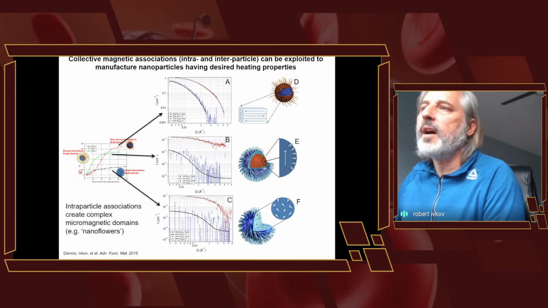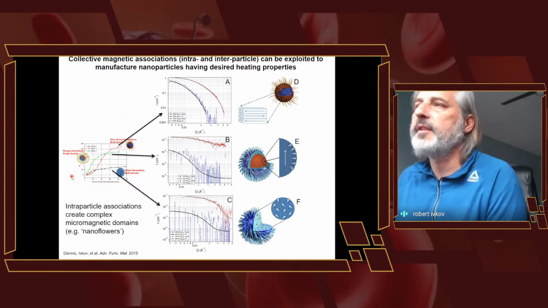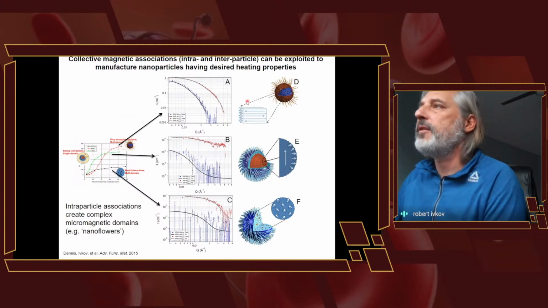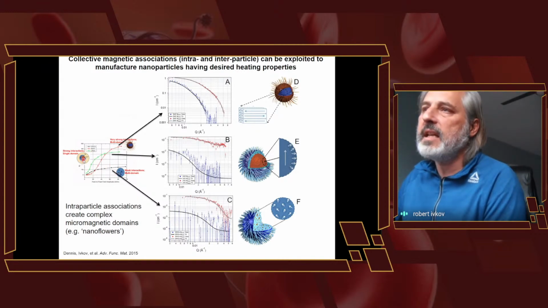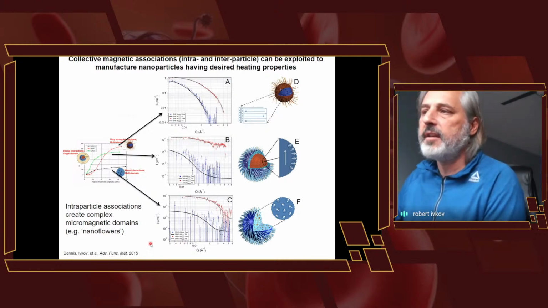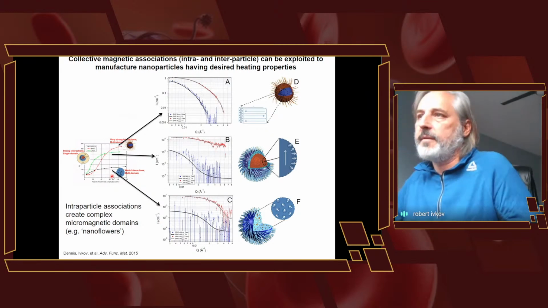And we used polarized small angle neutron scattering and some other techniques to really look at the internal magnetic and structural features of these nanoparticles. What we essentially concluded is that because of the way the individual iron oxide crystallites are arranged in these materials, they actually generate a collective magnetic state that gives very different energies and very different responses to an alternating magnetic field.